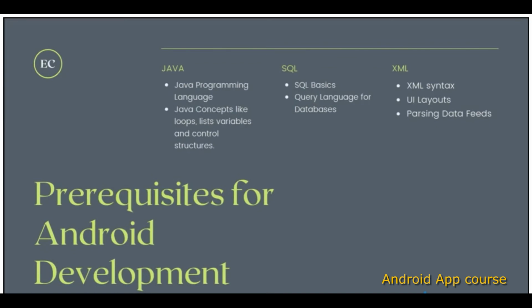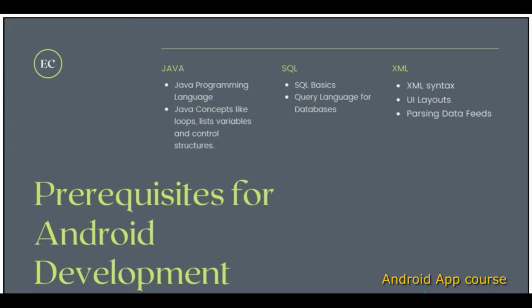Next, let's talk about some prerequisites for Android development. Meaning, if you are to start Android development, what are the concepts that you should know beforehand? The most important thing in this is the programming language, that is Java. So you should have a good grip on Java.